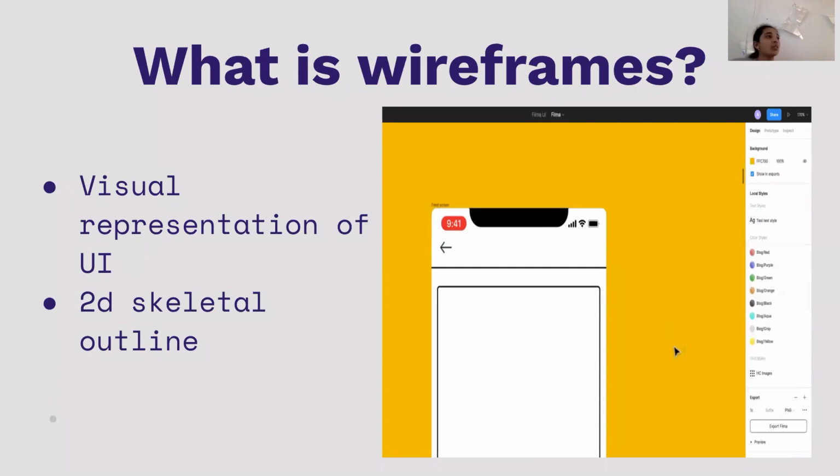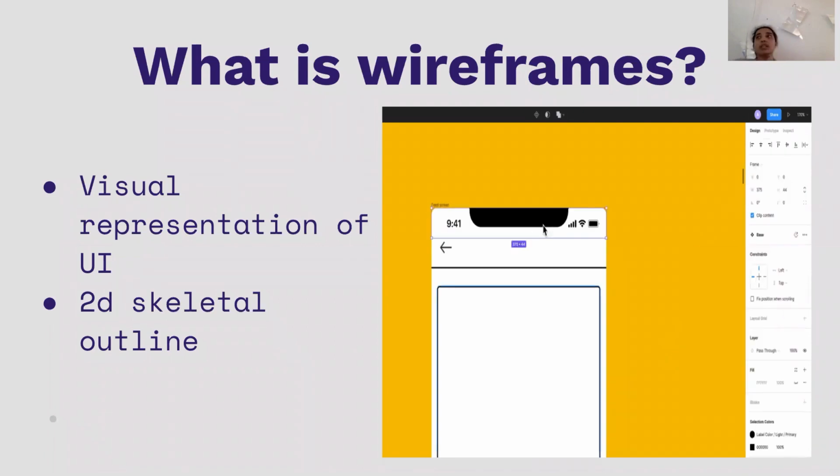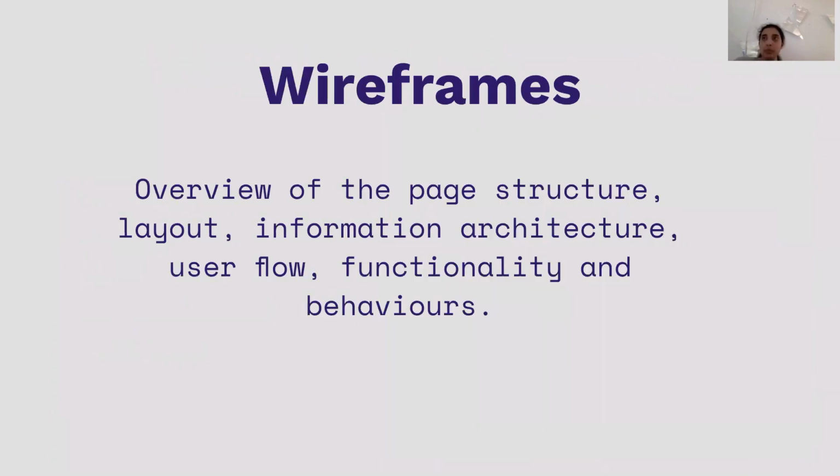You can say it's a 2-dimensional skeletal outline of it, and it provides a clear overview of the page structure, layout, information architecture, user flow, functionality, and intended behaviors of that app. But the focus is mostly not on the functionality, not on the design.